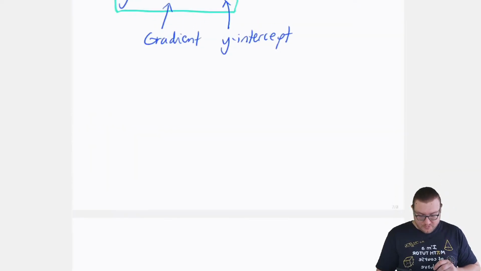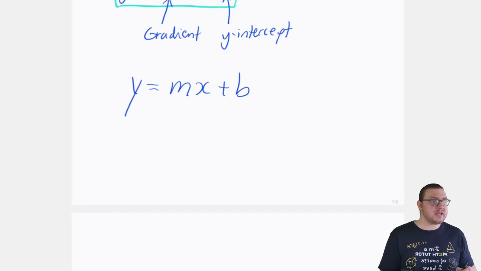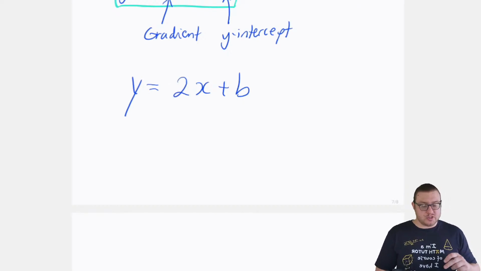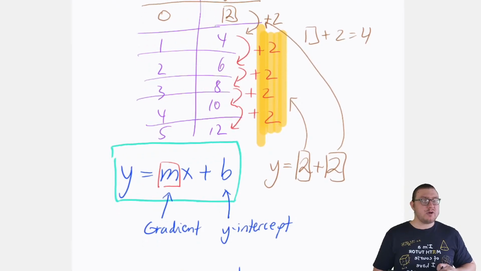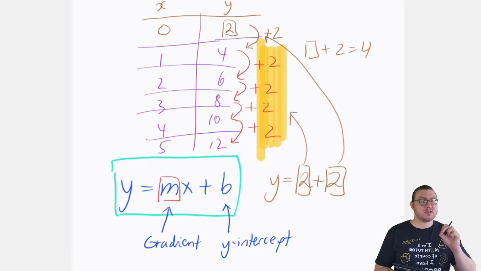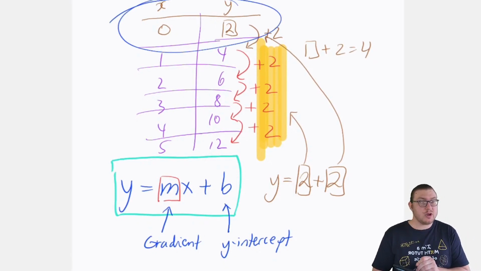So we have our equation y = mx + b, and we know that our gradient is 2. So far we've got this. We now need the y-intercept, so this is 2. Well, y can be 2, but if y is 2, we also know that x is 0. These two go hand in hand.